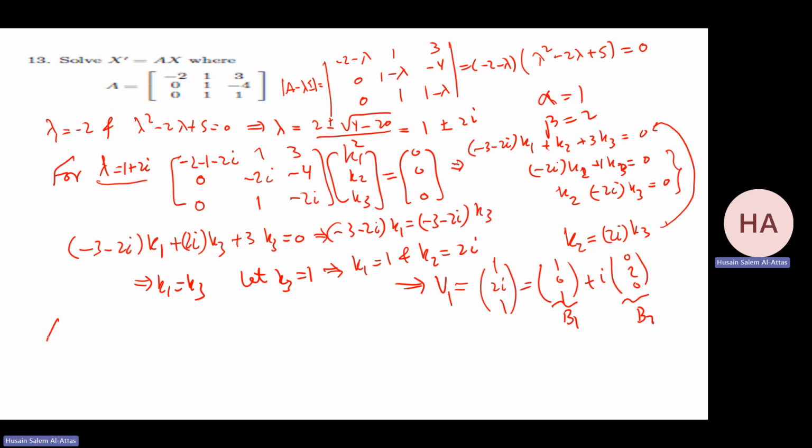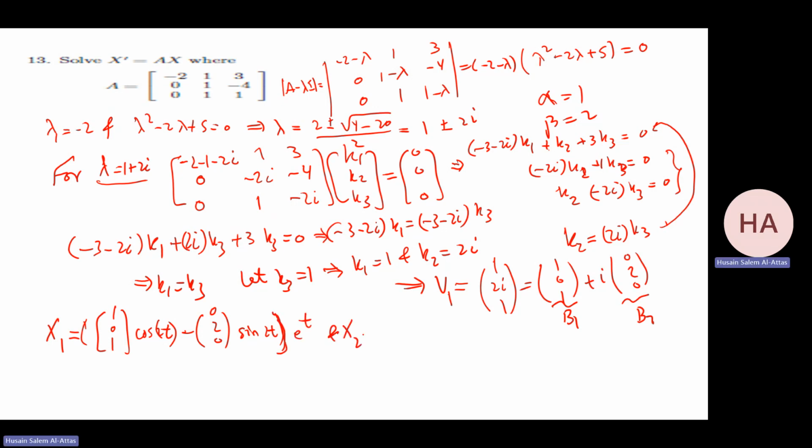So it will be my X1. X1 will be 1, 0, 1 cosine 2t, plus or minus 0, 2, 0 sine 2t, all times e to the power t.